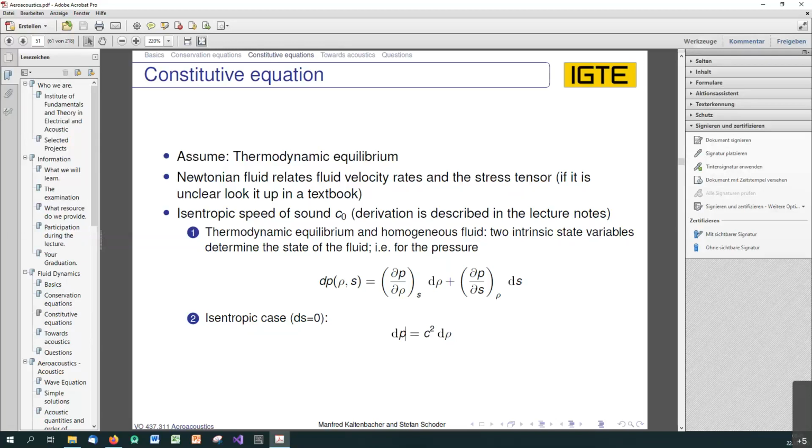And physicists did this, I think, about 200 years ago.